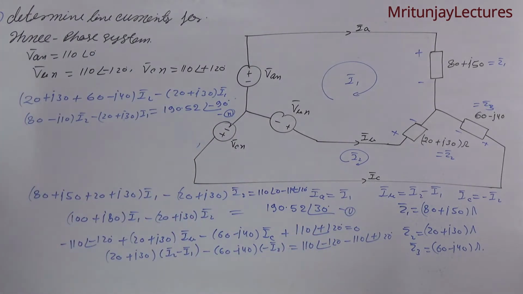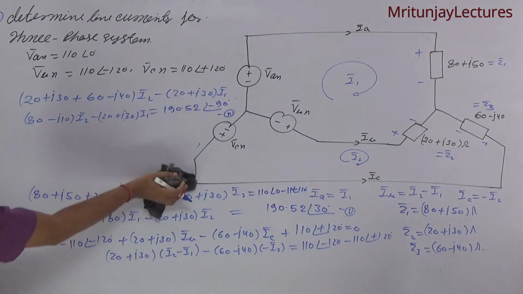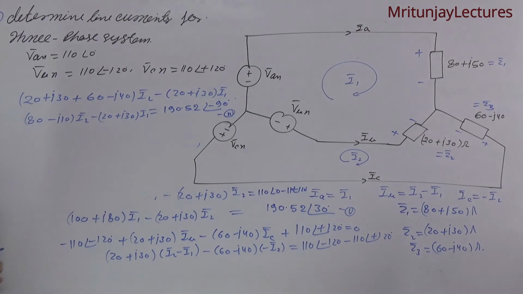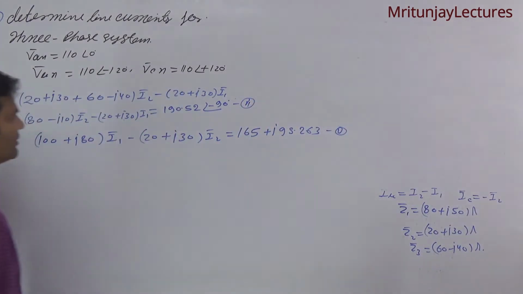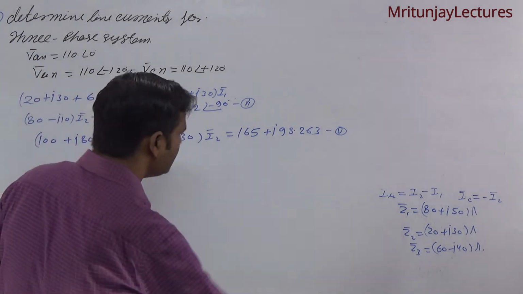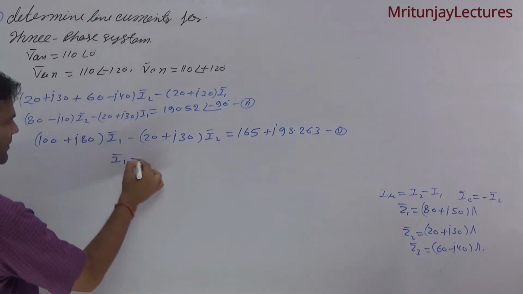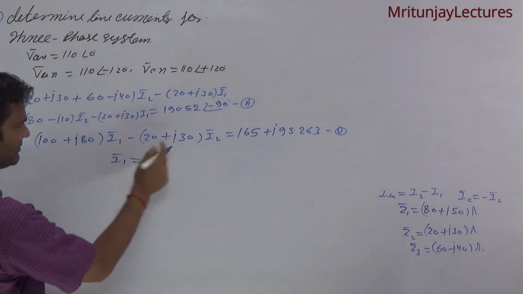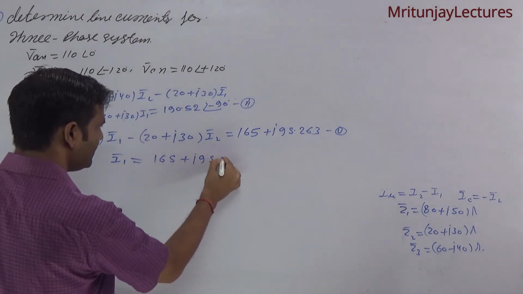From 1 and 2, how can we solve? Now I1 is equal to 165 plus j95.263 plus 20 plus j30 into I2 whole divided by 100 plus j80.